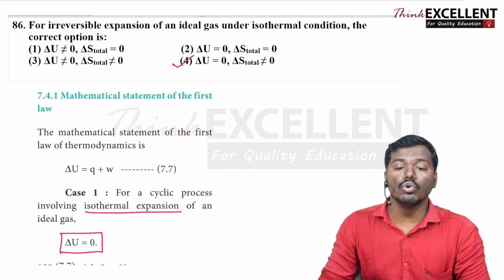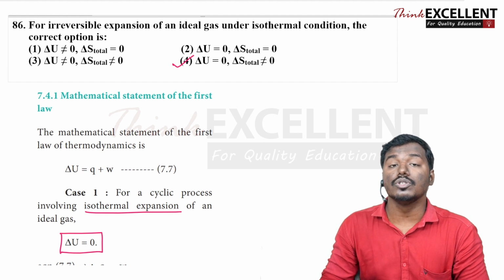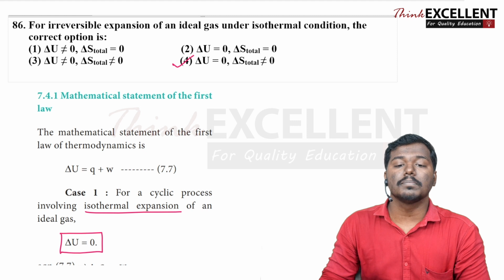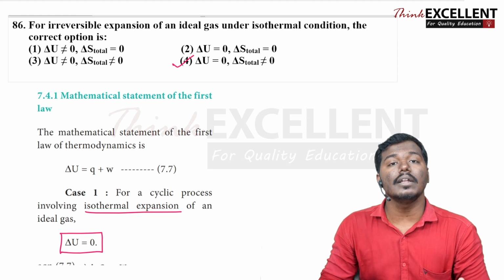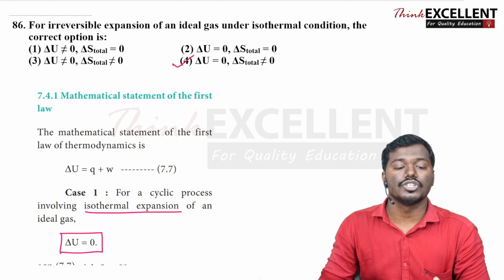So delta U it is equal to 0 and delta S total it is not equal to 0 for the irreversible expansion of the ideal gas under the isothermal condition. Okay, so next we are going to question number 87.